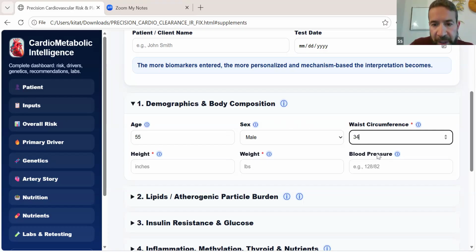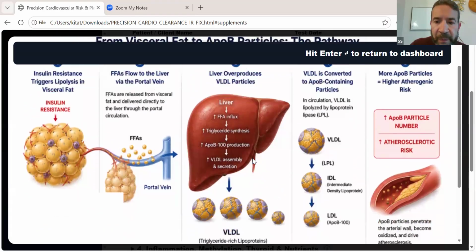Now, if you want to know why this is important, I did put eyes in front of everything, all the labs and everything. So if you want to know why this section is important, you click on the eye here, for information, and it shows you why.